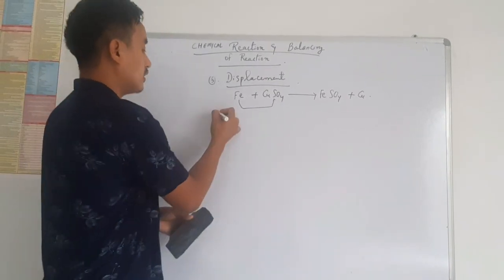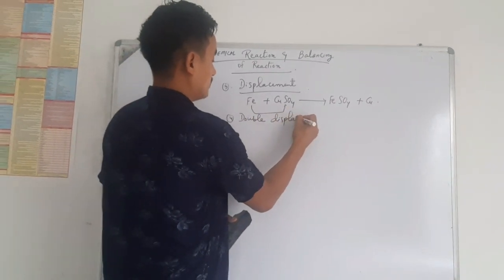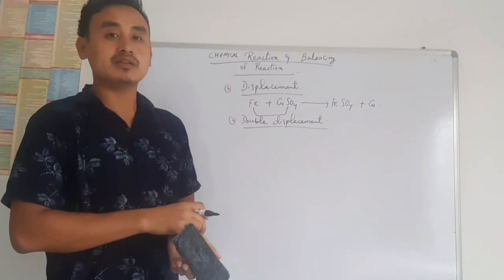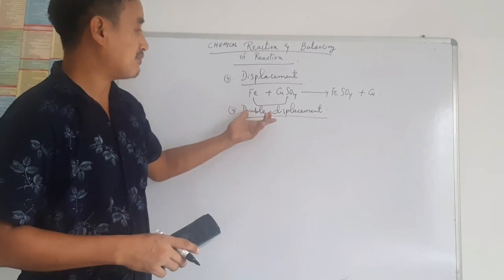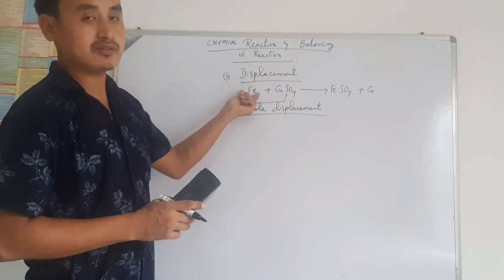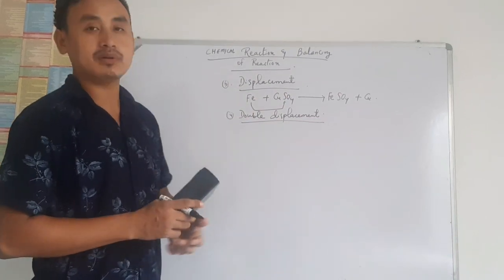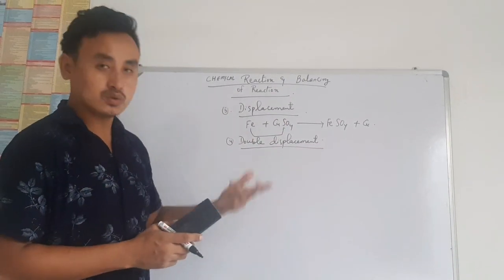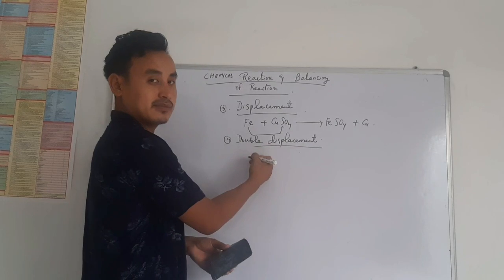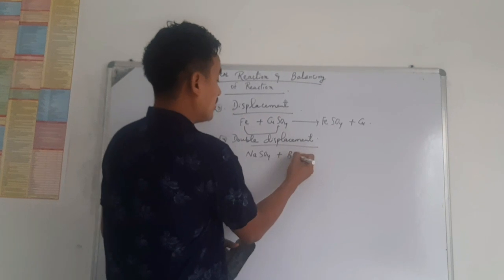The last one is double displacement. This is the same type as a displacement reaction, but the difference is that in a displacement reaction, only one element is displaced, whereas in double displacement, two of the reacting species are displaced. For example, sodium sulfate plus barium chloride.